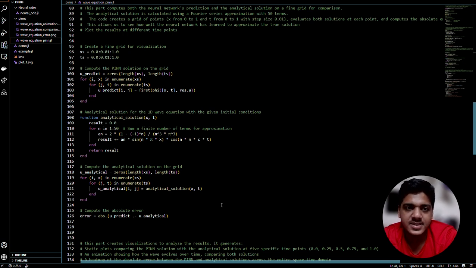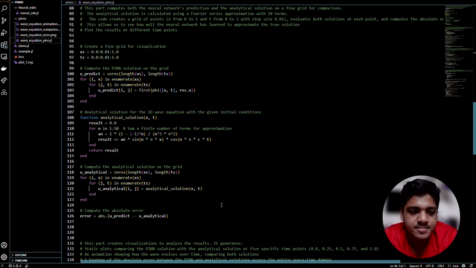This code creates a grid of points with x from 0 to 1 and t from 0 to 1 with a step size of 0.01, which evaluates both solutions at each point and computes the absolute error between them. This allows us to see how well the neural network has learned to approximate the true solution.